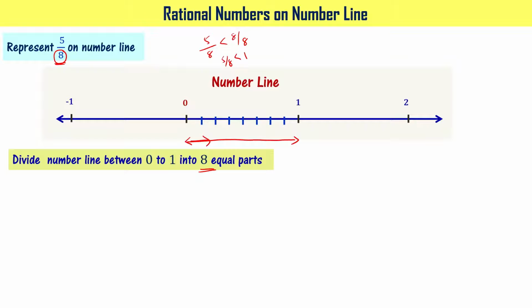Let me say that 0 equal to 0 by 8 and 1 is 8 by 8. So now I can start writing, this is 1 by 8, this is 2 by 8, this is 3 by 8, 4 by 8, 5 by 8, 6 by 8, 7 by 8. So we are asked to represent 5 by 8 on the number line. So it means this particular part is 5 by 8. Right?